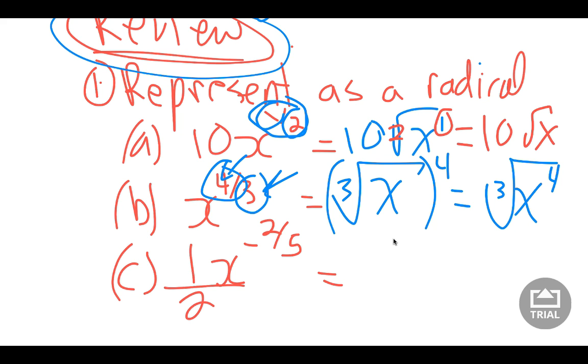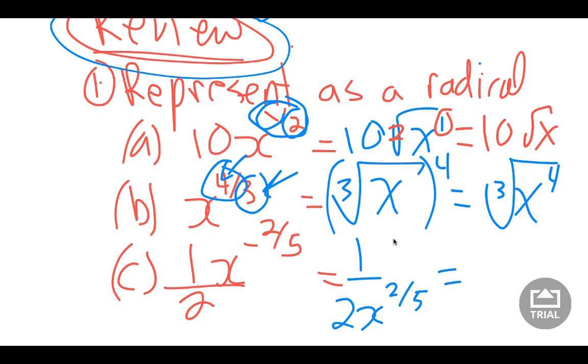Okay, the last one. What if we have a negative exponent combined with these roots? Well, negative exponent means, again, repeated division. So that's going to have to appear in the denominator with a positive exponent. So it's going to end up being 1 over 2, because that 2 is in the denominator, x to the 2 over 5.